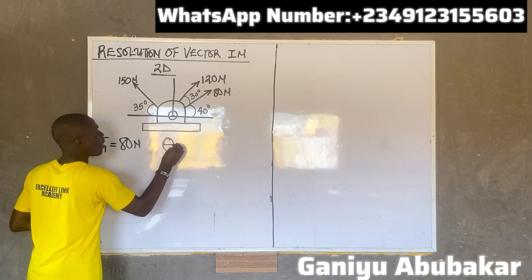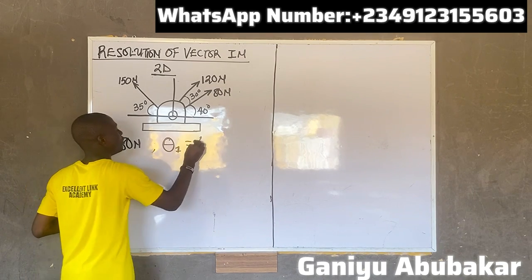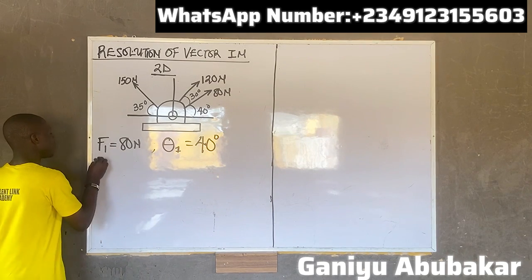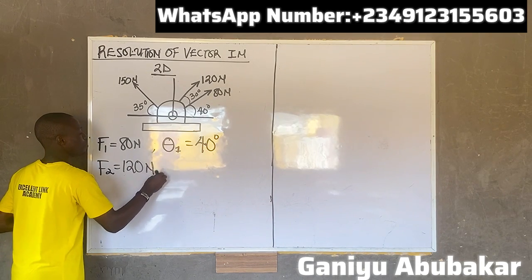My F1 is 80 Newton, and the angle theta 1 is 40 degrees. F2 is 120 Newton.